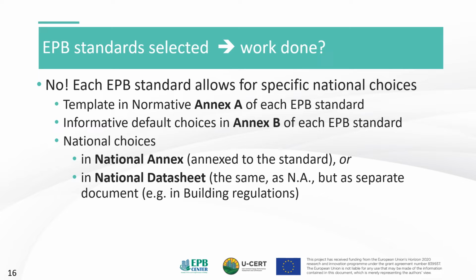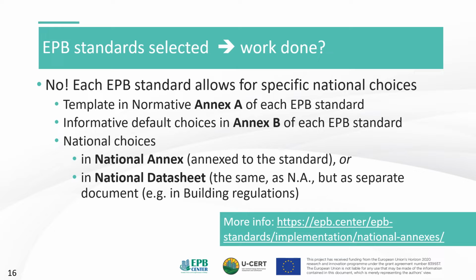So the same as a national annex, but then presented as a national separate document, for instance, in the building regulations. And more info on this Annex A, Annex B approach can be found at the EPB Center and also in a webinar which is referenced at the website.